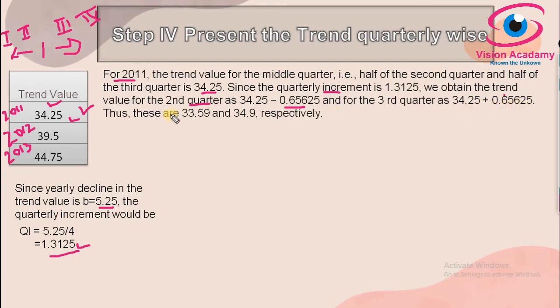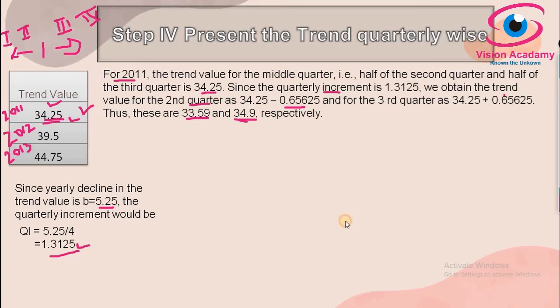Thus for the second and third quarters we got 33.59 and 34.9 respectively. We subtracted from the mid value 34.25 for the second quarter and added to it for the third, and so on. We will find all quarters' values using this step.